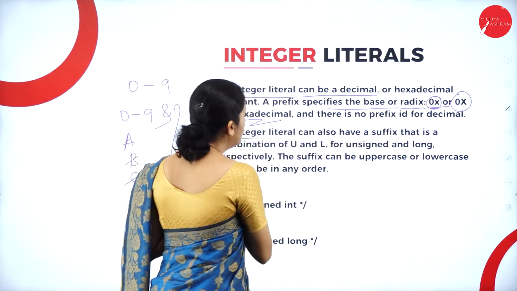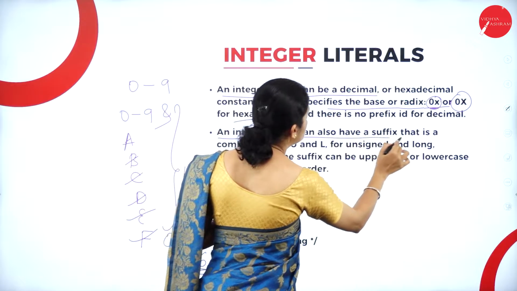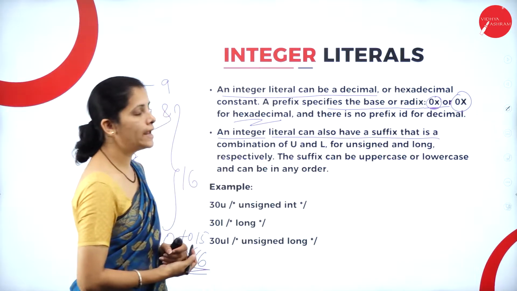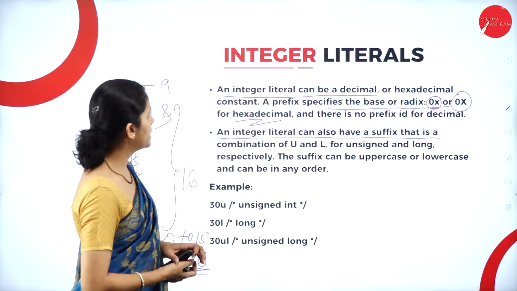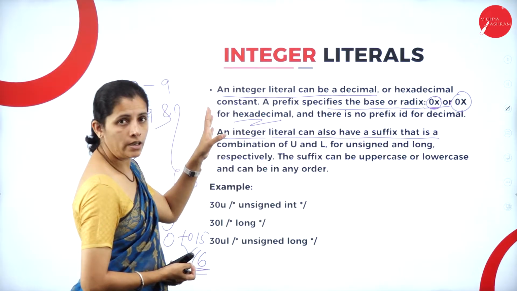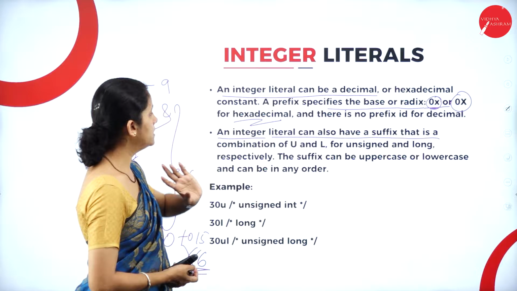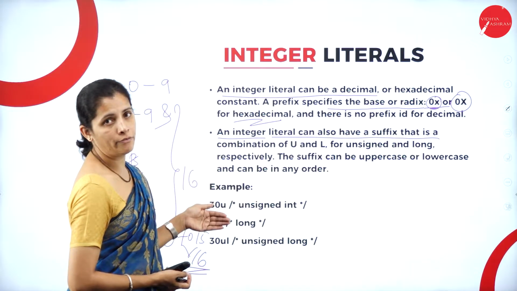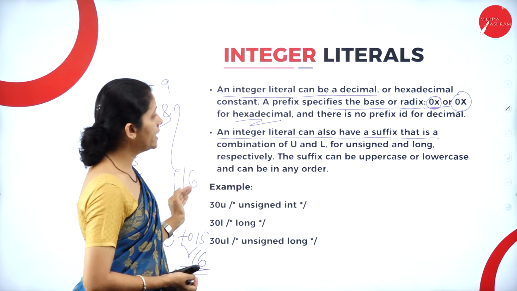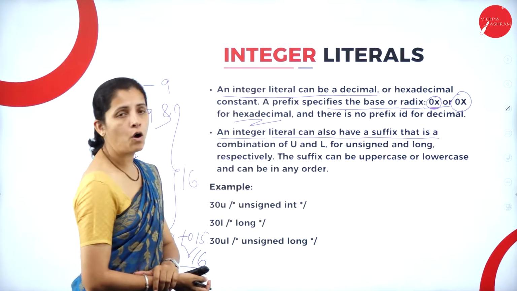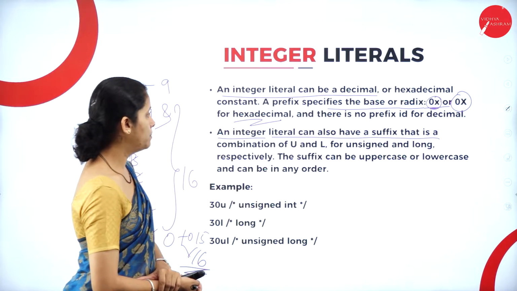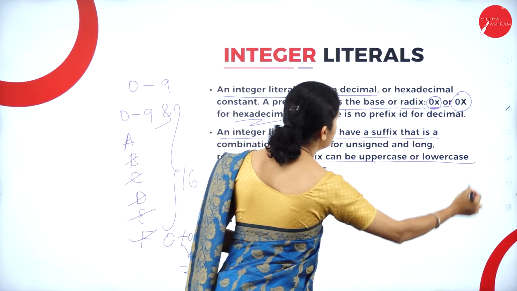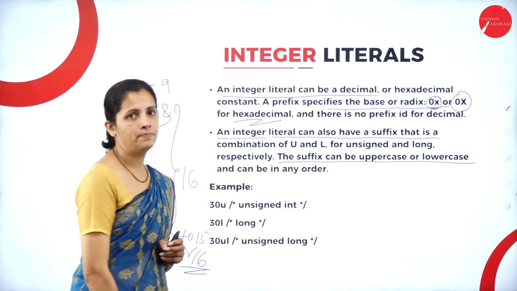So an integer literal can also have a suffix, a combination of U and L. That means if I consider integer literals, then I can use the suffix in order to indicate an unsigned number or a long number. So the suffix can be uppercase or lowercase.